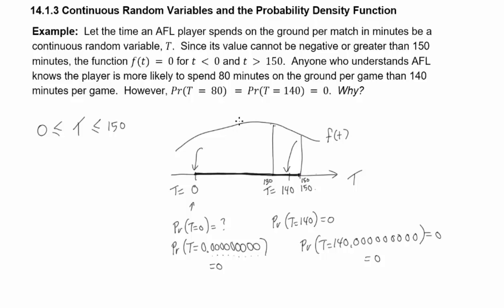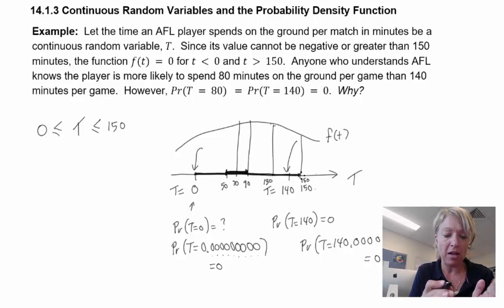Or what is the probability that the playing time will be between 50 minutes and 90 minutes? So what's the probability that the playing time will be between this range? Well, this range is a proportion of the larger range, a measurable proportion of the larger range.